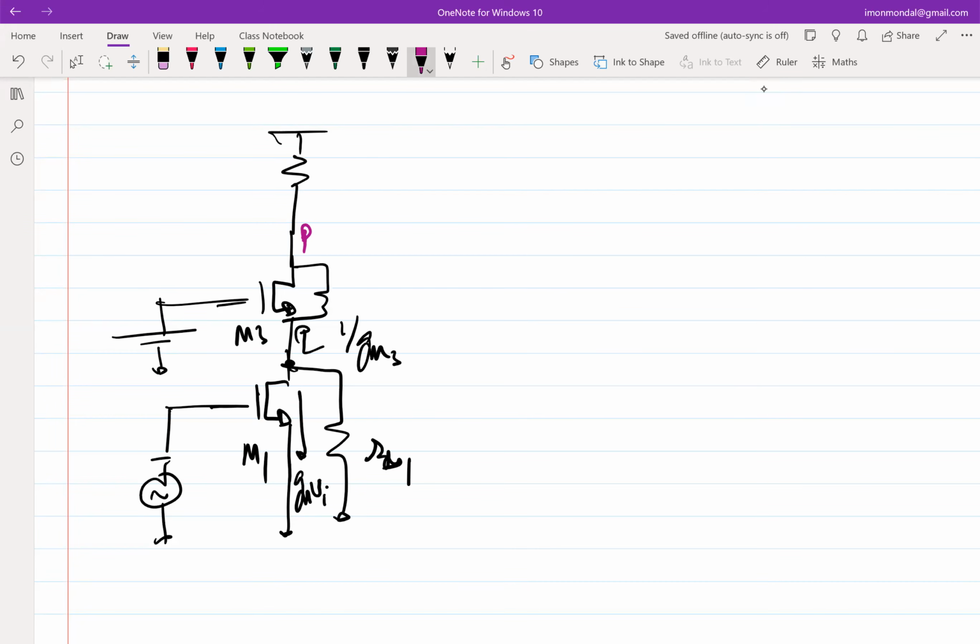Because it cannot go anywhere else. So this current will also be GM times VI, right? Okay. So now the question that we need to ask is, if this is the new output node, what is the incremental voltage that is going to get generated?